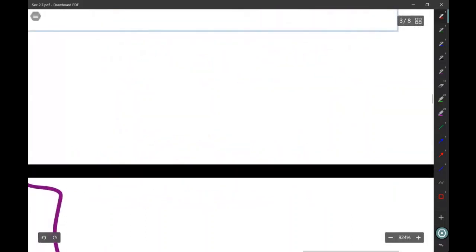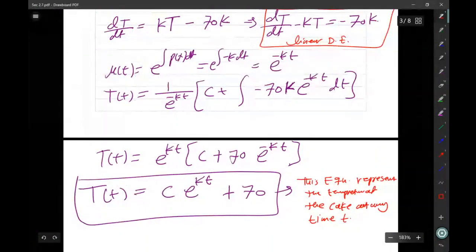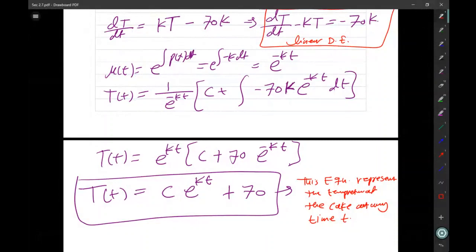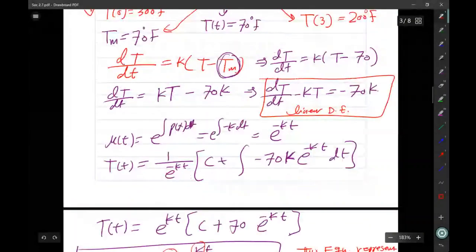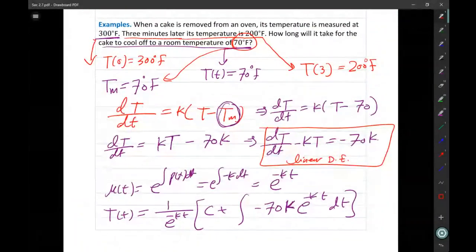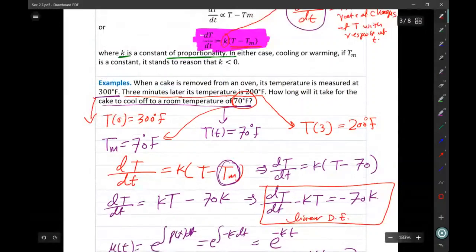Now the first thing I have to do is to find out the value of the constant c, then to find out the value of k. Now, to find the constant c, I have to use what? The initial condition T of 0.